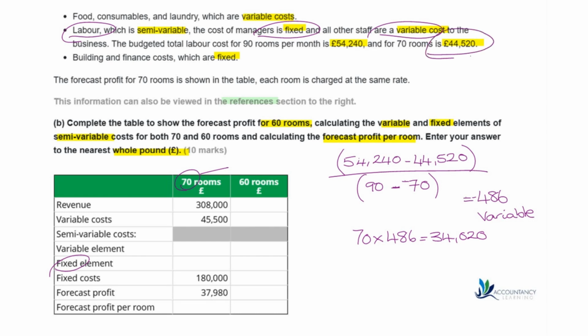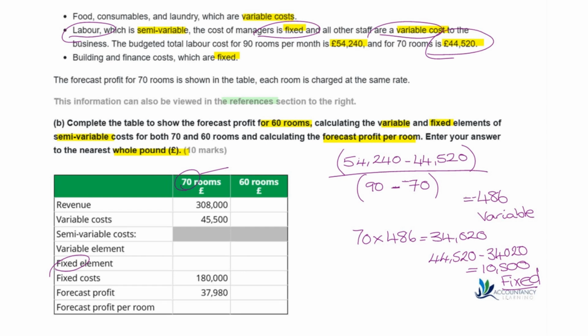Then we're going to take the total cost for 70 rooms to find the difference between that and the variable cost that we've just worked out, which then gives us 10,500, which is the fixed element.